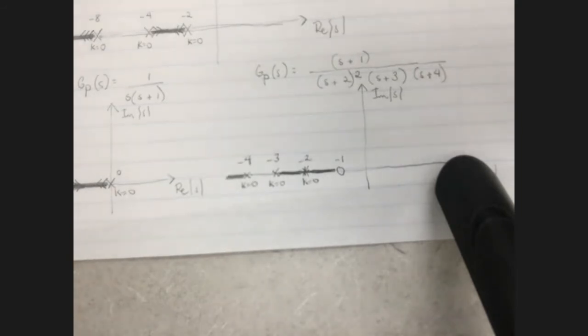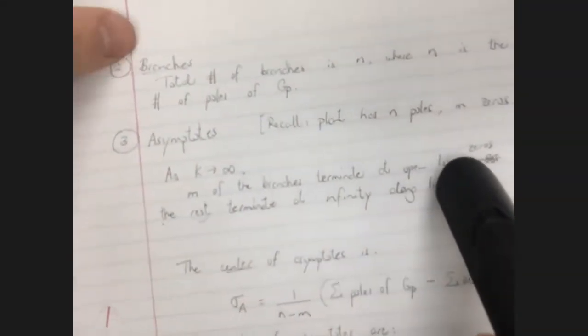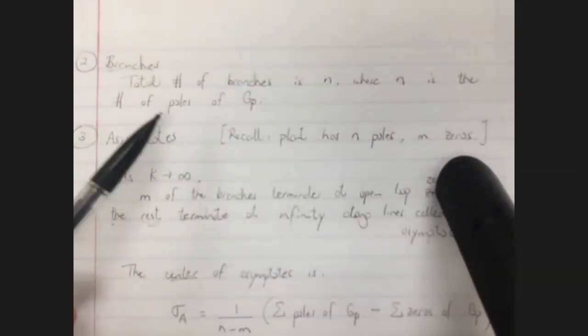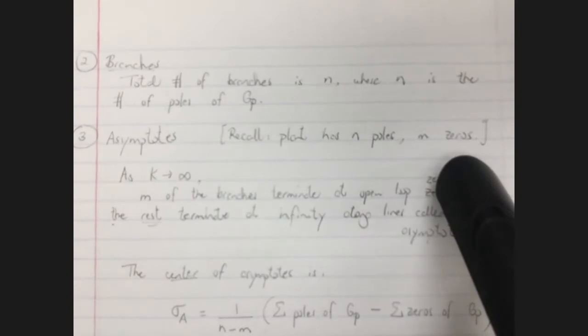Now, steps 2 and 3 were about the branches and asymptotes. In step 2, we said the total number of branches was n, where n was the number of poles of the plant. We also talked about the asymptotes, which is what happens as k goes to infinity.